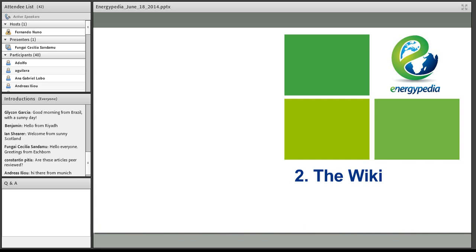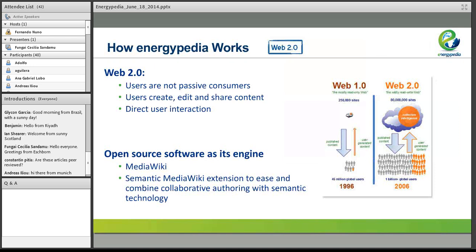So, in the next couple of slides, I'm just going to go through briefly the wiki structure and how exactly Energypedia works and how the engine of the wiki structure connects people and content. So how Energypedia works: Energypedia is a wiki, as I mentioned, and a wiki is part of the so-called Web 2.0 technologies.